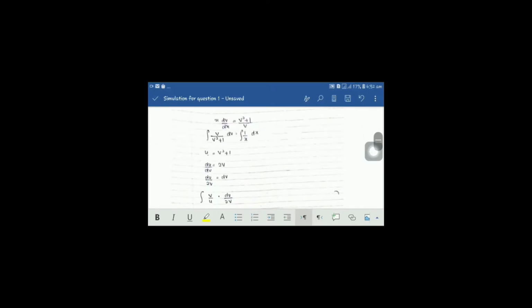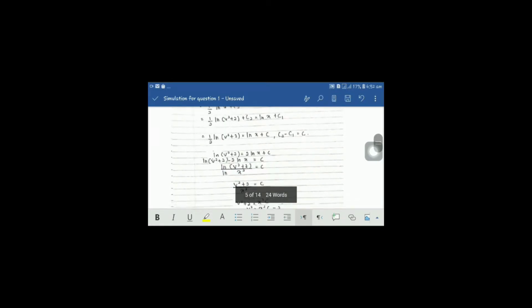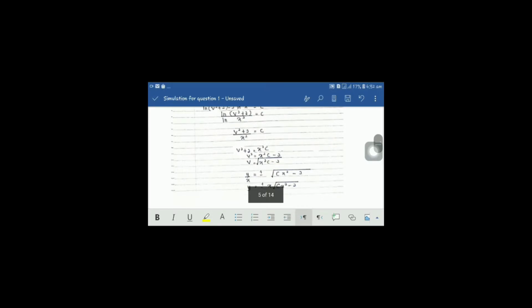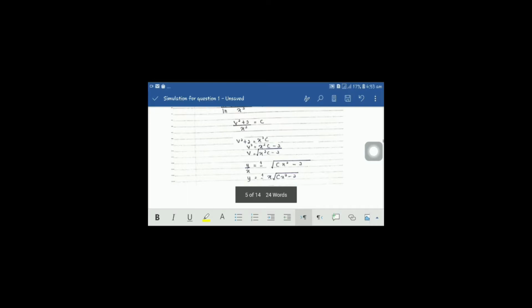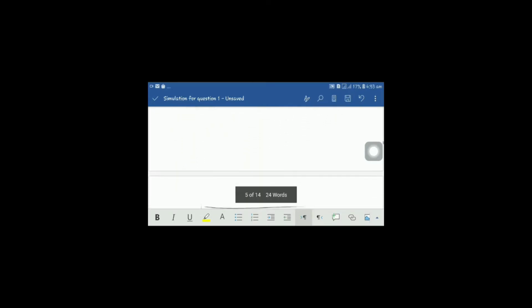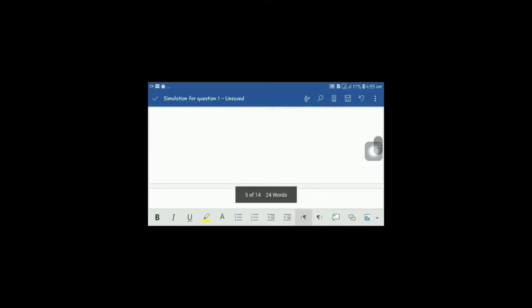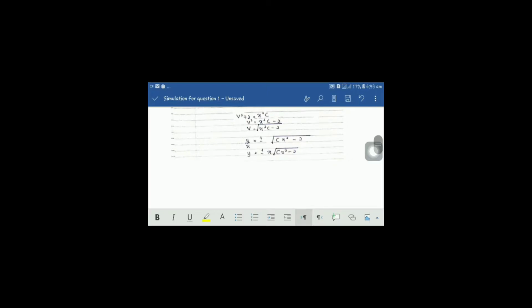We use the method of separation, and this is the integral solution, and we get the answer y equals plus or minus x times the root of (cx² minus 2).